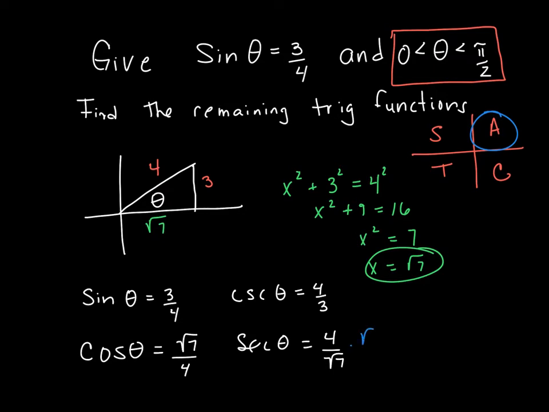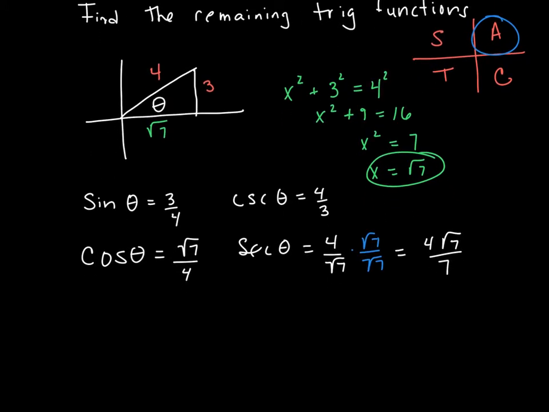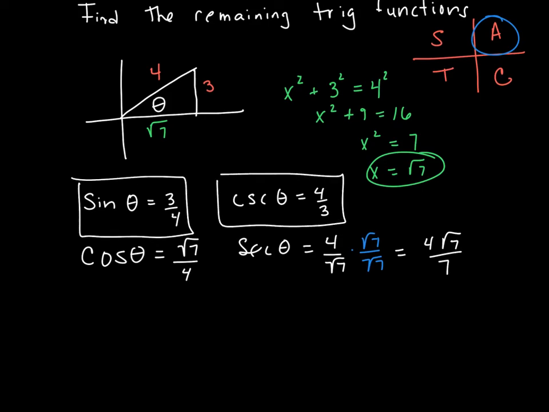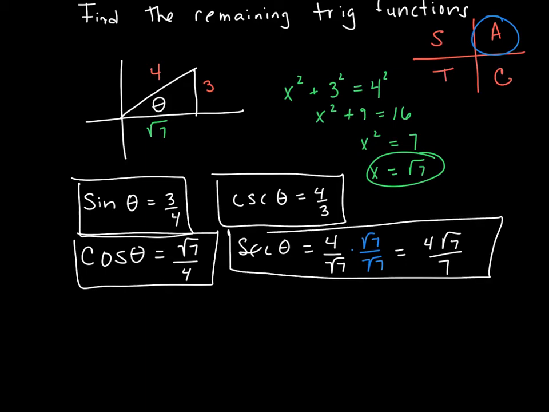We do that by multiplying by square root of 7 over square root of 7 to give us 4 square root of 7 over 7. So we found the sine, the reciprocal, which is the cosecant. Then we found the cosine, the reciprocal of that, which is the secant.